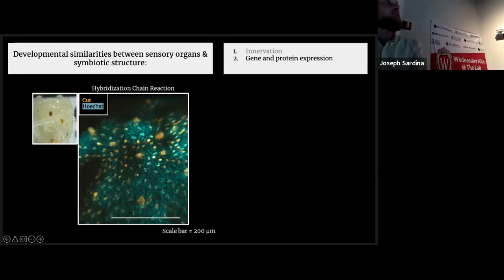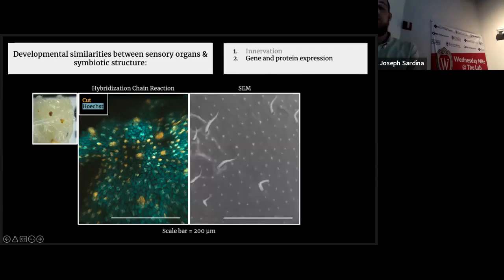What you might notice from this HCR image is two things. One is that there are these smaller regions of cut expression, as well as these larger regions of cut expression. If we look again at an SEM of the exoskeleton of an adult, just to show the distribution, we see that the abundance of these smaller regions of cut expression pretty closely resembles the abundance of the symbiotic structure on the head of the ant.